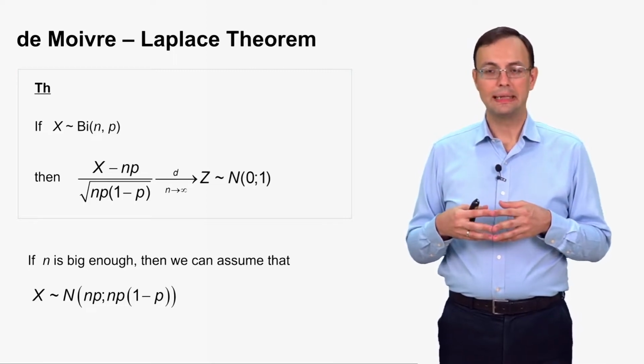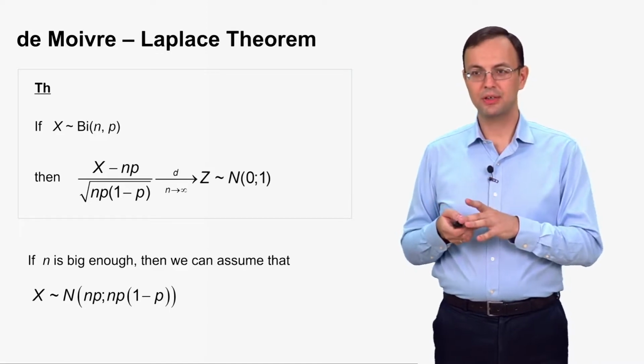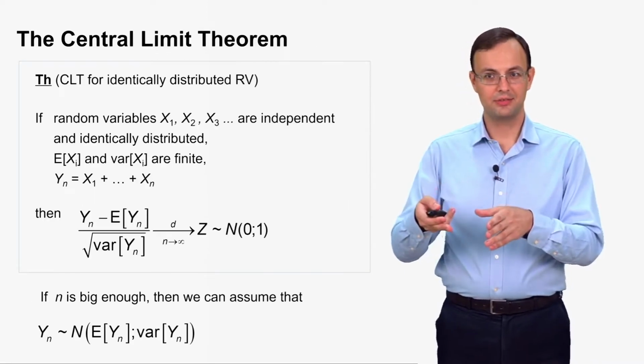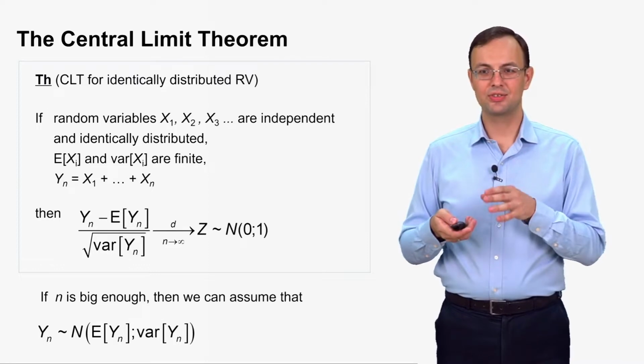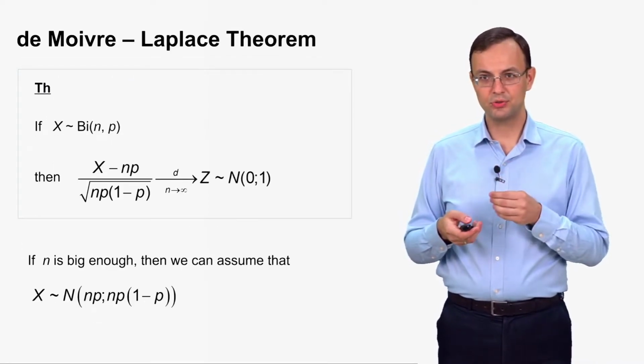You see that the right part of the formula is the same as before, so that Z is a random variable that follows the standard normal distribution.